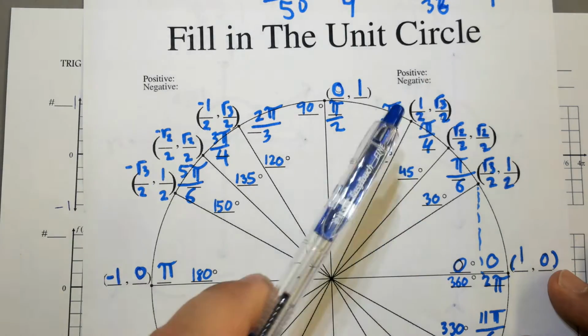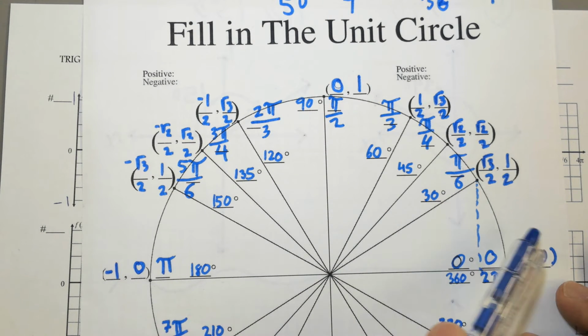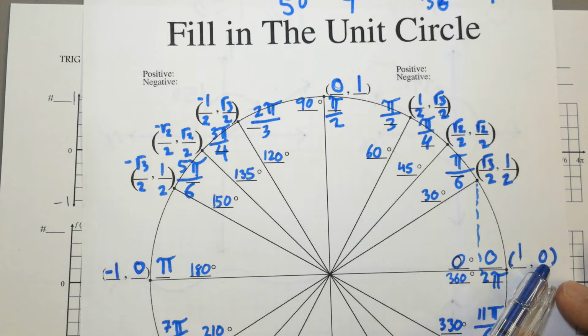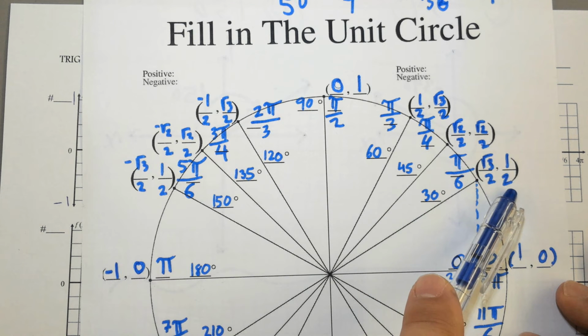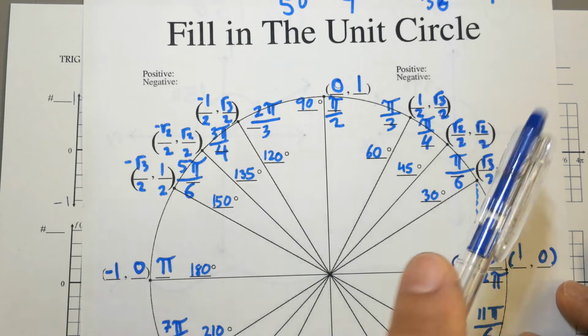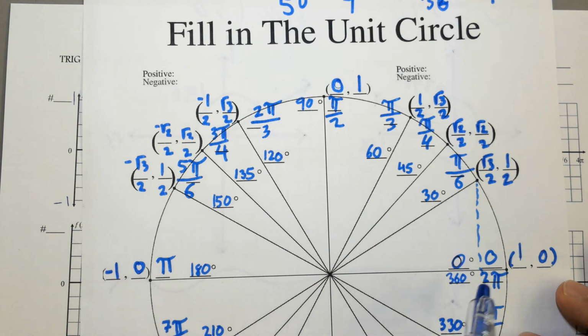For example, remember that for sine at 0 radians we were at 0, at pi over 6 we were at 1/2. But now for cosine, at 0 radians we are looking at the x component for each coordinate, so we're going to be at 1.